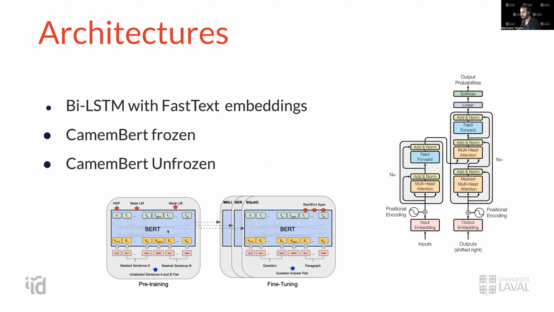We have 2 configurations of these networks. We have a frozen network, where we use the network itself as a frozen language model to obtain representations and then do the classification. And then we use a configuration where it's unfrozen, so we fine-tune the entire thing to see what gives.